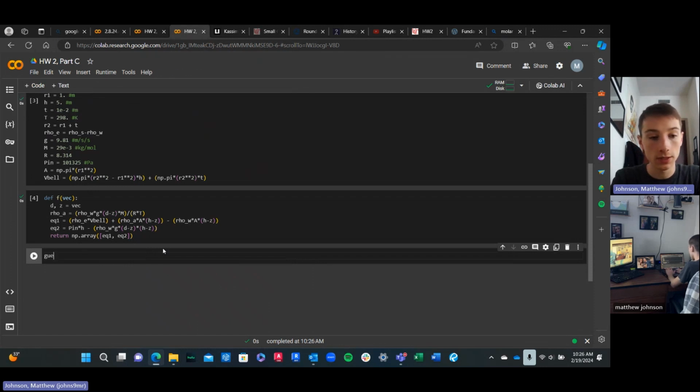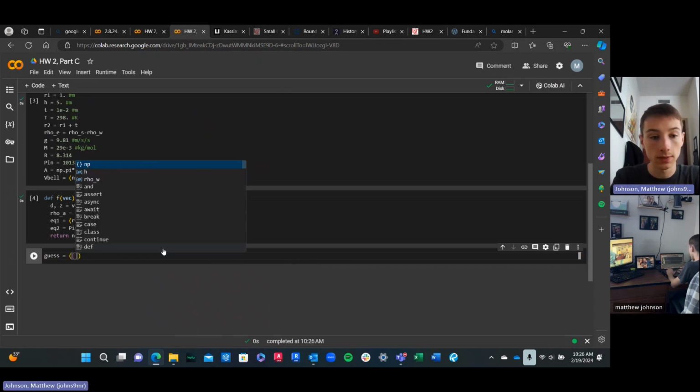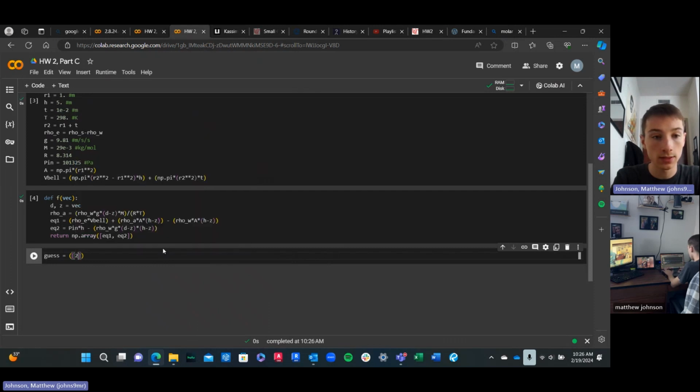So I'll just call this guess, and that will equal d comma z. Let's say we're going to guess 2 meters down, the water seeps in by 3/4 of a meter. Who knows? It doesn't really matter. We just need a guess for the function to start. Okay. Now I can do the root function.